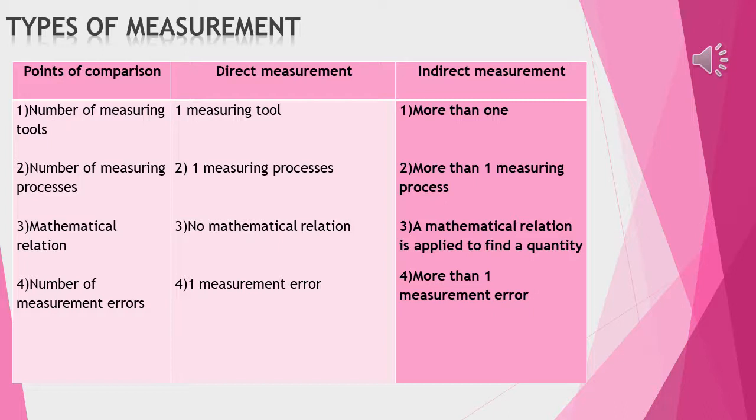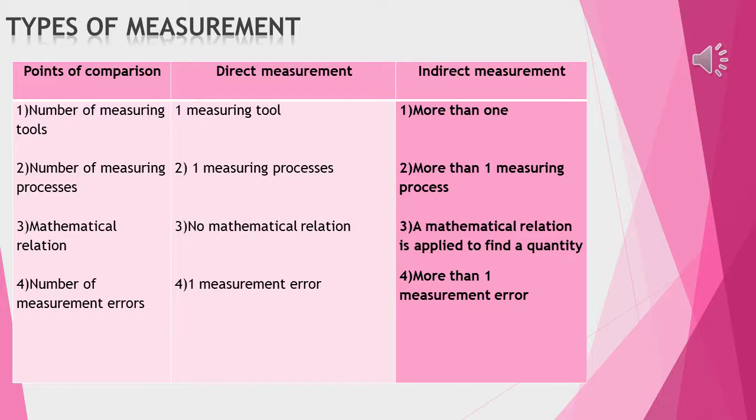Okay, number of measuring tools. Direct measurement, I just use a hydrometer to measure the density, so it's just one measuring tool. Indirect, I use the balance for measuring the mass. Then I use, for example, a micrometer, meter tape, anything for measuring the length, width and height.